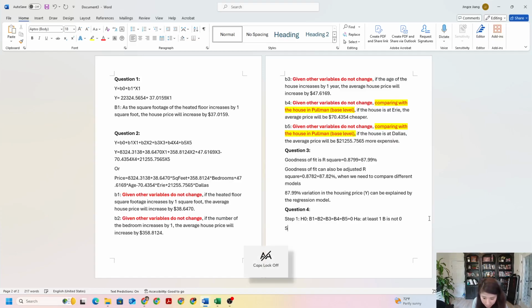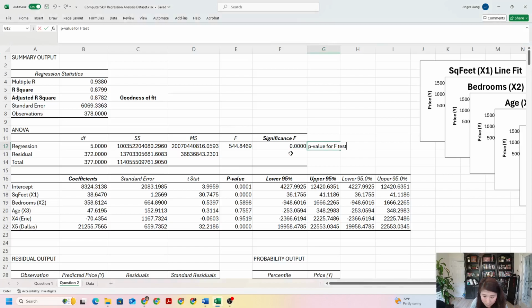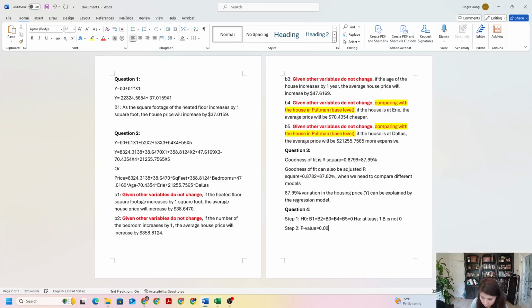Okay, and then step number 2 is finding the p-value. The p-value is coming from, as I said, the significance F here. It's actually equal to 0 if we keep 4 decimal places. And step number 3, the rejection rule.